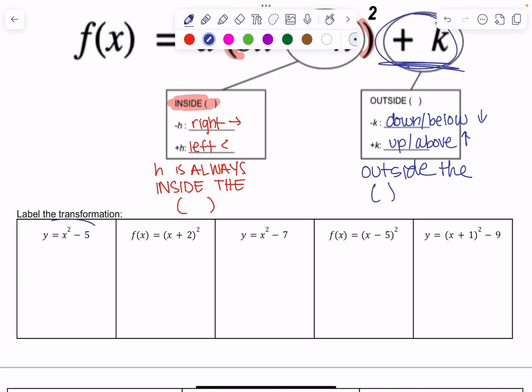So if I look here, I see no parentheses. That means this negative 5 would have to be K, and since it's negative, it goes down 5. Now, this positive 2 is inside my parentheses. We have parentheses right here. That means that this is my H. Positive 2 is H. Since it's positive, I'm looking right here, and what does it say?